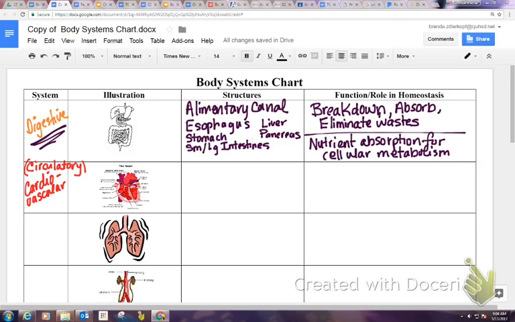Structures. What do we have? Well, obviously the heart. What else? Arteries and veins. And let's not forget capillaries.